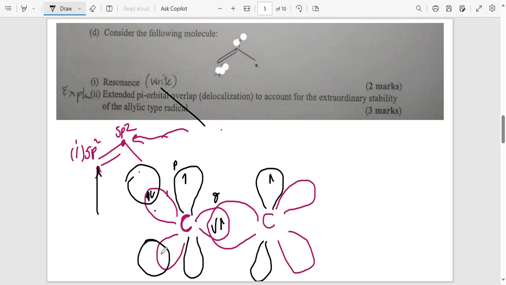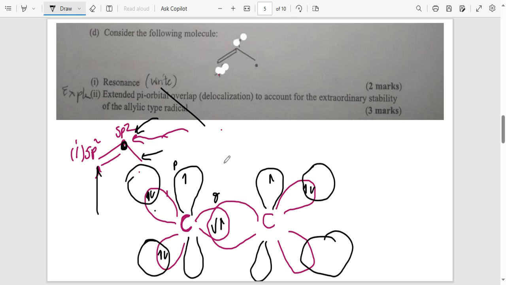This one also brings one electron from the hydrogen, one electron from the carbon. This carbon, at this point, has got only one hydrogen. That one hydrogen brings this electron. The other electron is coming from the carbon. But remember, this carbon here is also bonded to another carbon, so it will be bonded to a carbon this side.